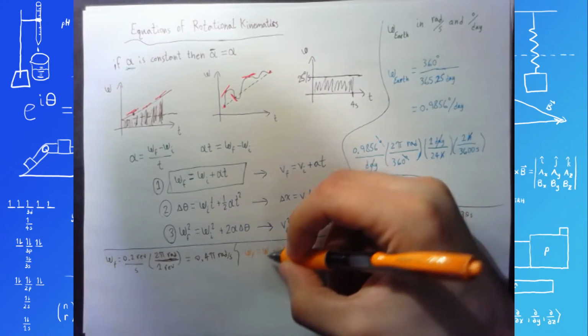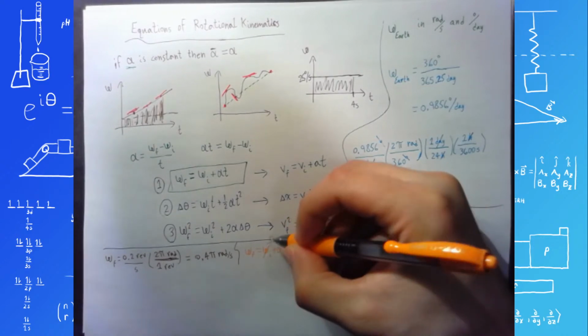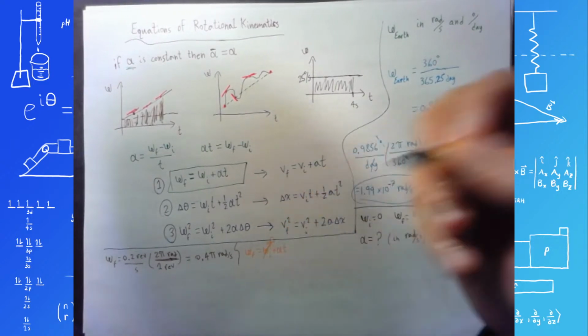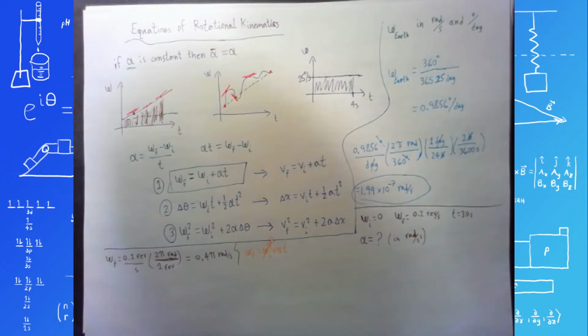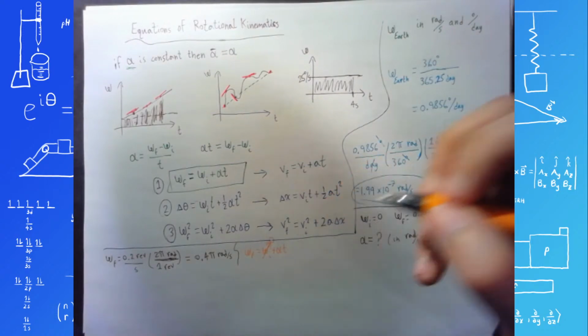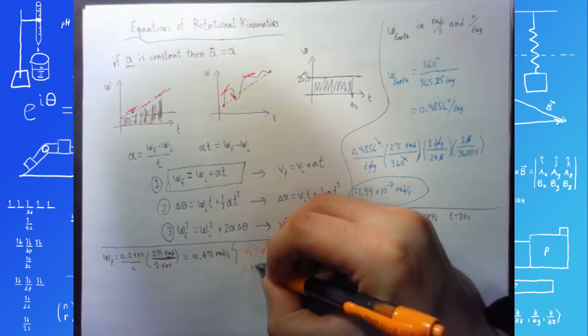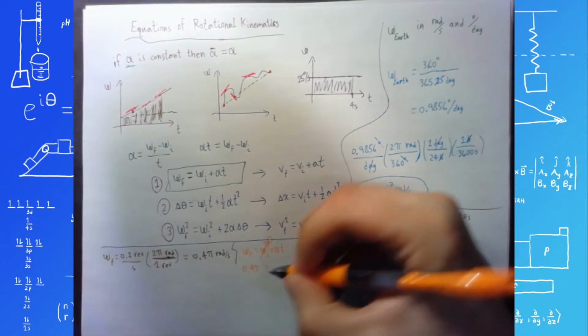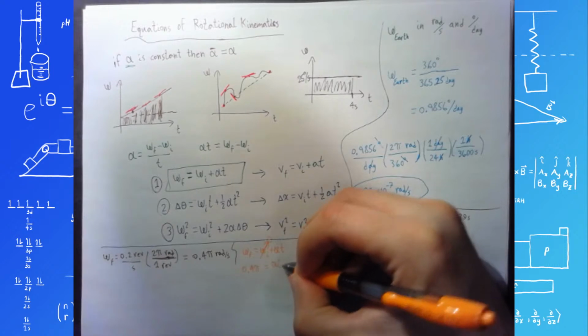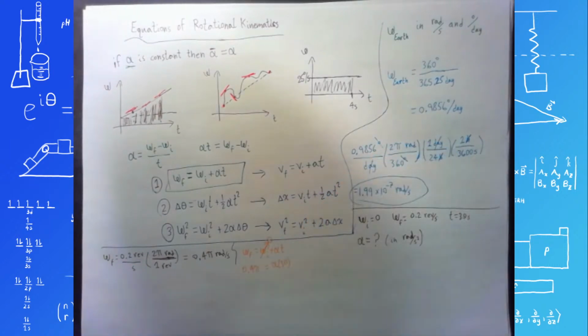Subtract omega initial, which, well, it's 0, so there's nothing to actually subtract here. And then t is 30, so 0.4 pi equals alpha times 30. 0.4 over 30 is 0.2 over 15.